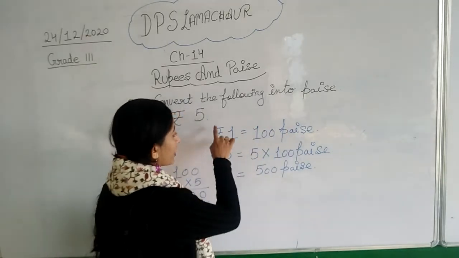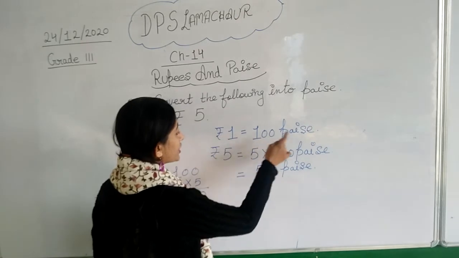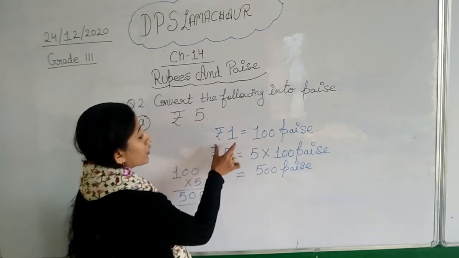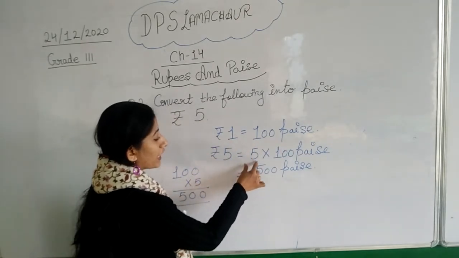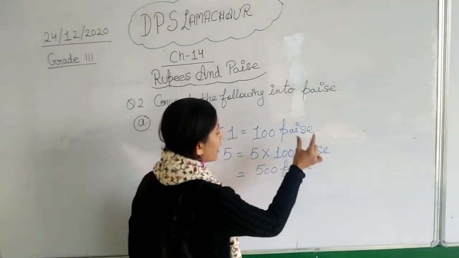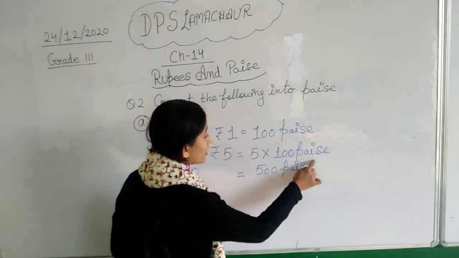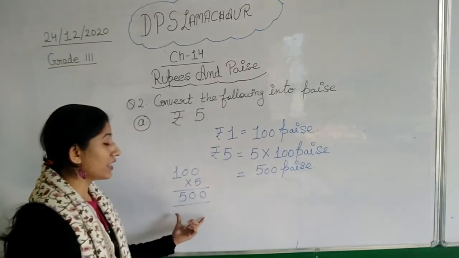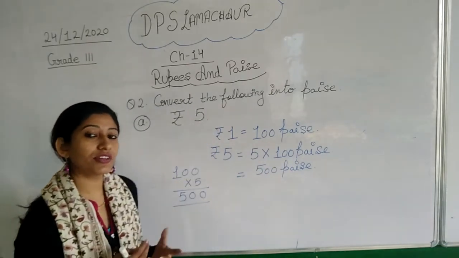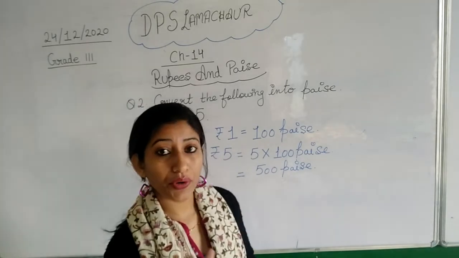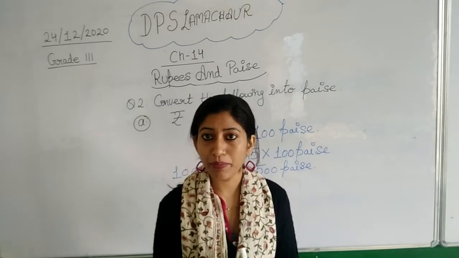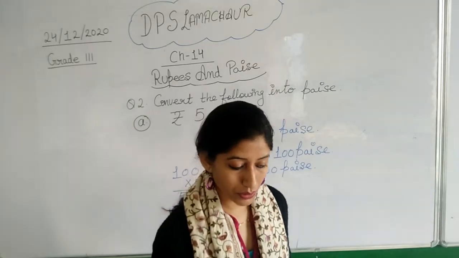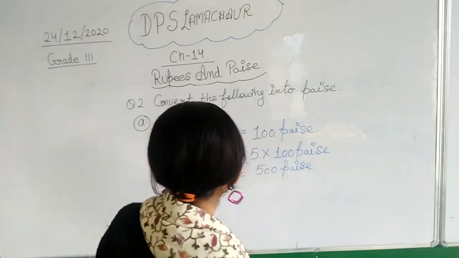So for conversion, we have used this relation, and we are converting rupees 5 is equal to 5 into 100 paise, and then it is coming as 500 paise. This is multiplication, and multiplication is not new for you. But for doing it in a better way, it is very important for you to learn tables. Okay? Let's solve one more.